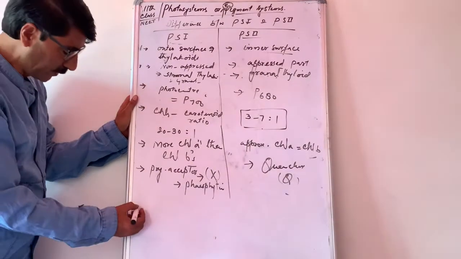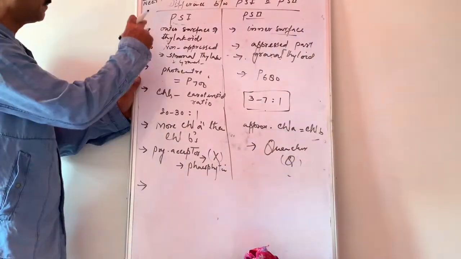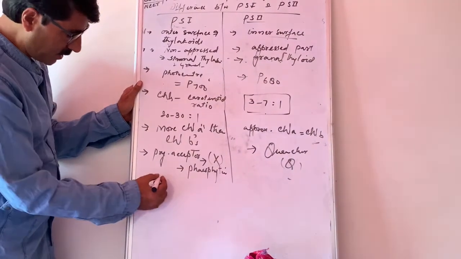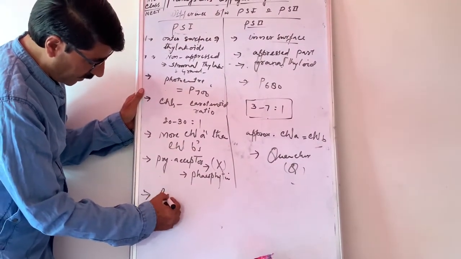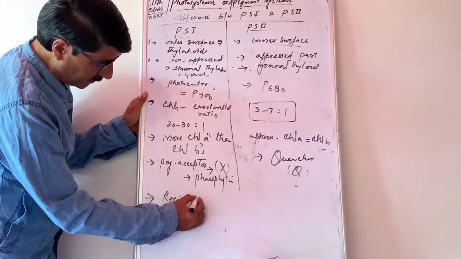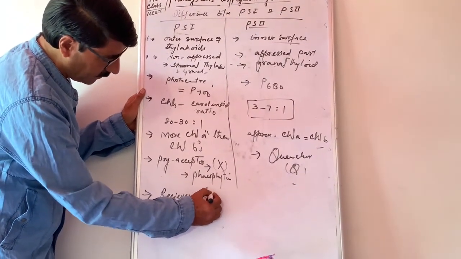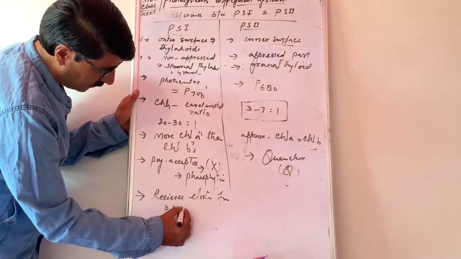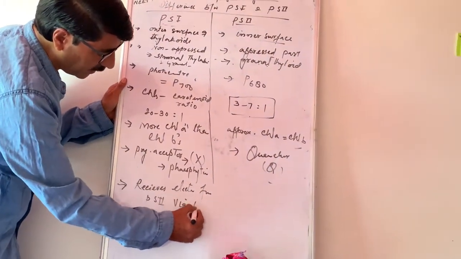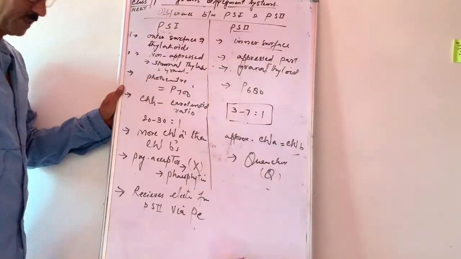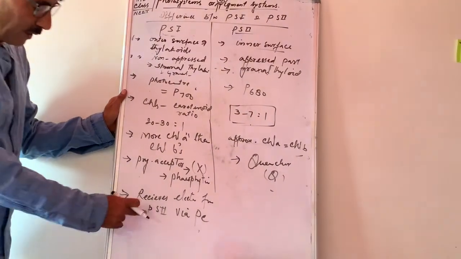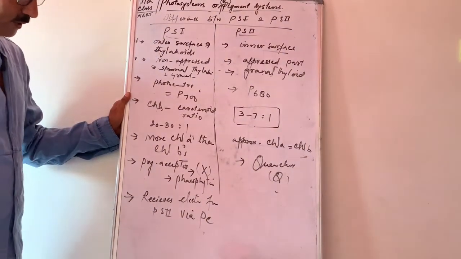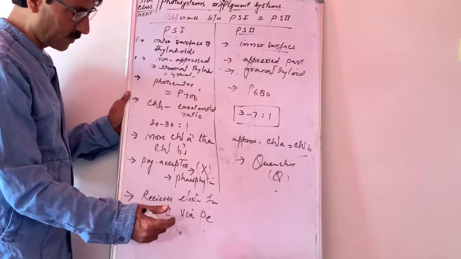Now remember one more difference, that this PS first is receiving the electrons. It receives electrons from PS second via plastocyanin, that is PC, and during the non-cyclic electron transport or non-cyclic photophosphorylation.